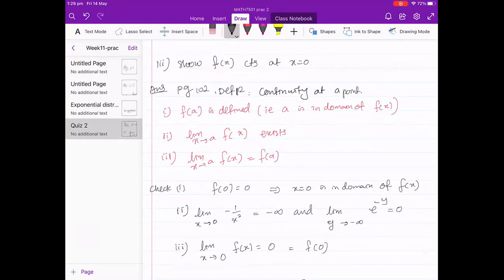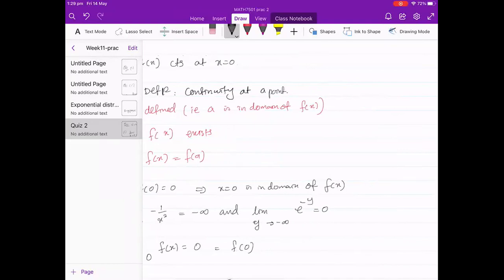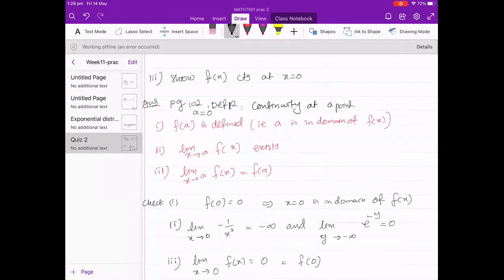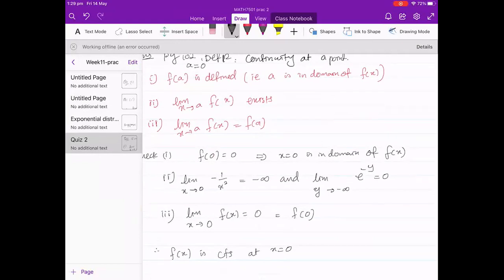First of all, you got to check whether f of 0 is defined. Is f of 0 defined? Here, a is 0. Okay, you could take a as 0. f of 0 is 0, so x equals 0 is in the domain of f(x).